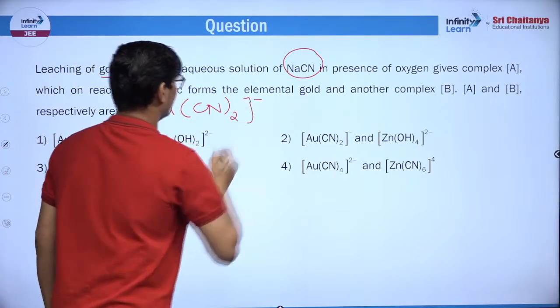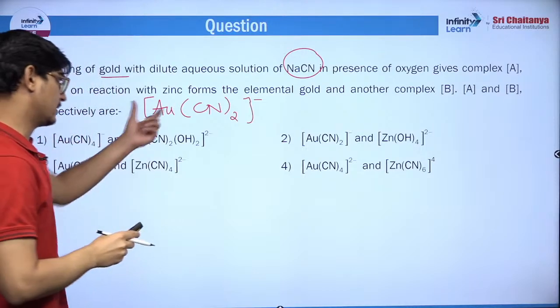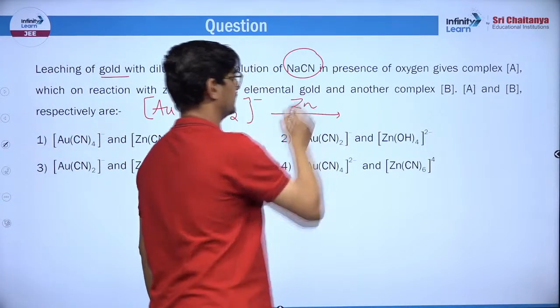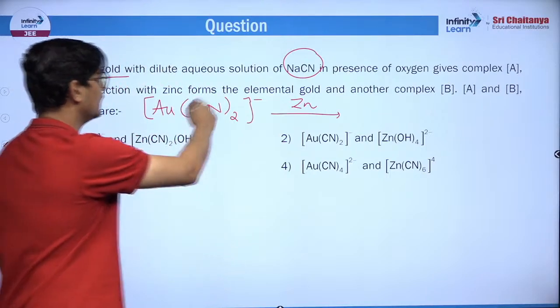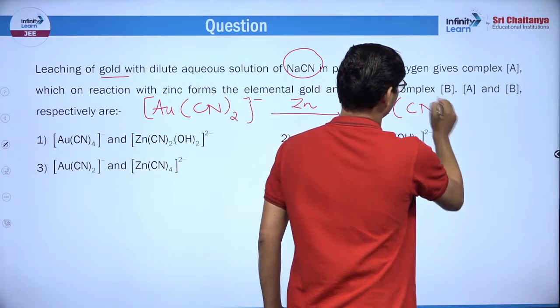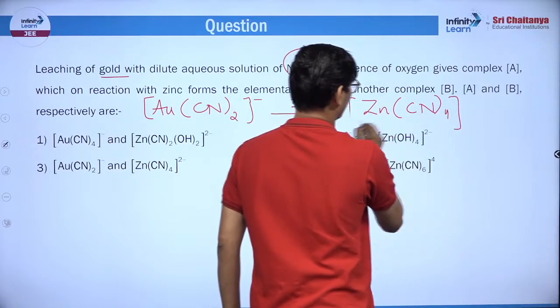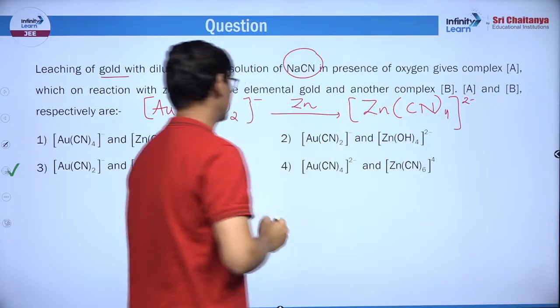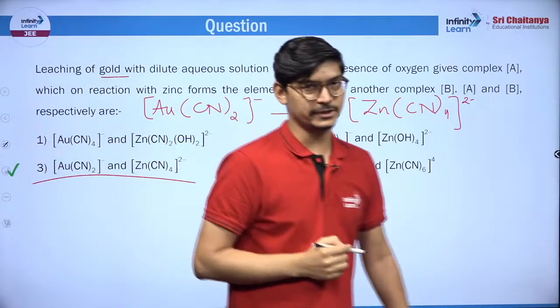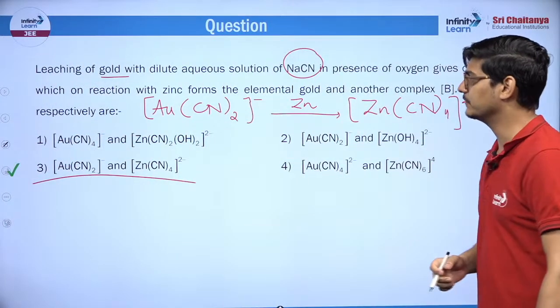It gets into the aqueous medium as a complex, and when we react this solution with zinc, which is a reducing agent, then zinc itself forms a tetrahedral complex. So this is right. The correct answer to this question is this one. The first complex is Au(CN)2 minus and the second complex is Zn(CN)4 2 minus.